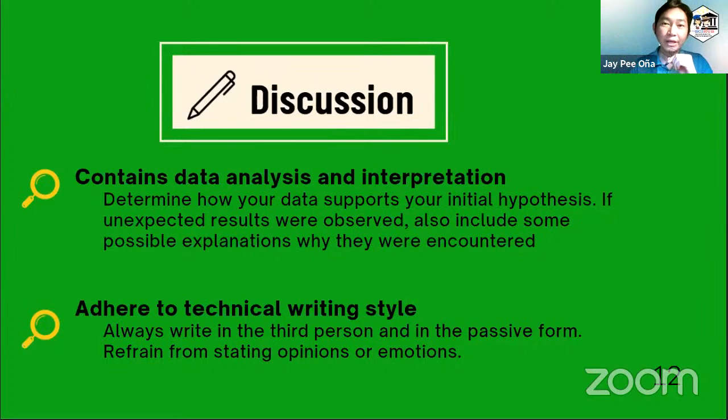And also, if there are deviant results or unexpected results, dito po natin ilalagay yung possible explanations on why they were encountered. Okay? And of course, let us remember to adhere to the technical writing style. So we always write in the third person and in the passive form.